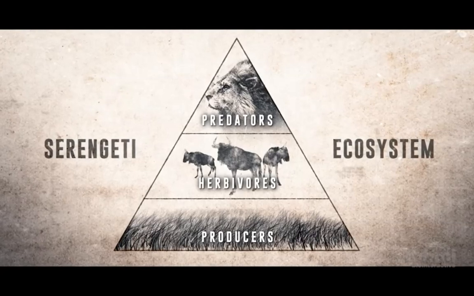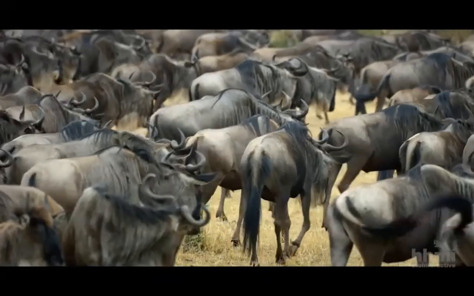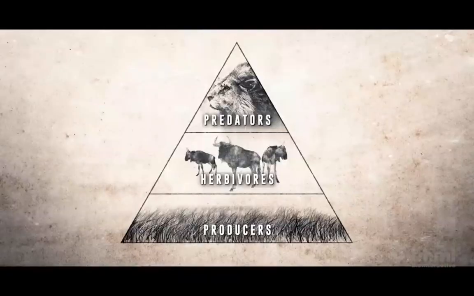Wildebeest being at the middle of the pyramid, you could think of two things which could be limiting the wildebeest population growth. One would be food, because herbivores have to feed on plants, which is at the bottom of the pyramid. On the other hand, it could be from above, which are predators feeding on the herbivores.